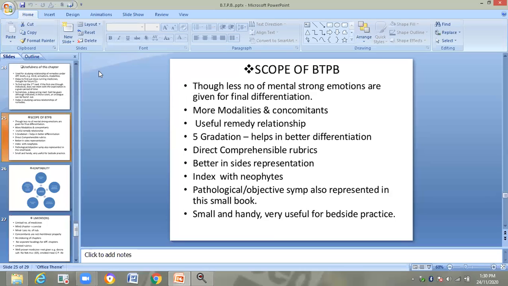Then we found direct, comprehensible rubrics, better representation, and an index with neophytes in this repertory.